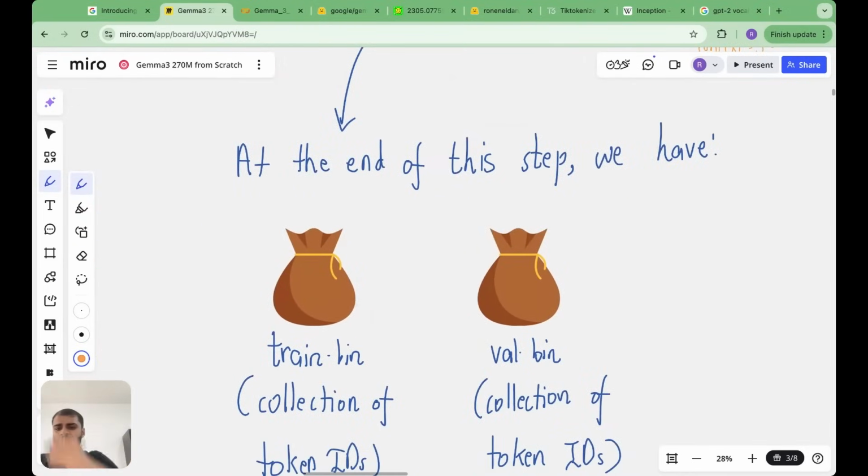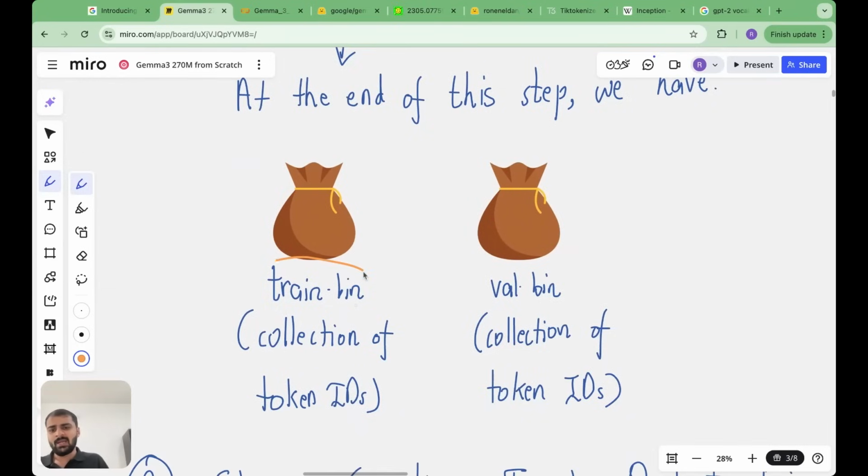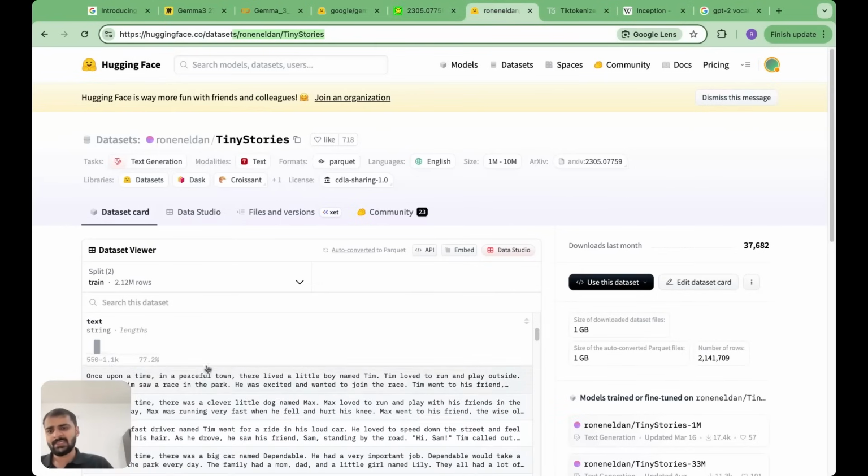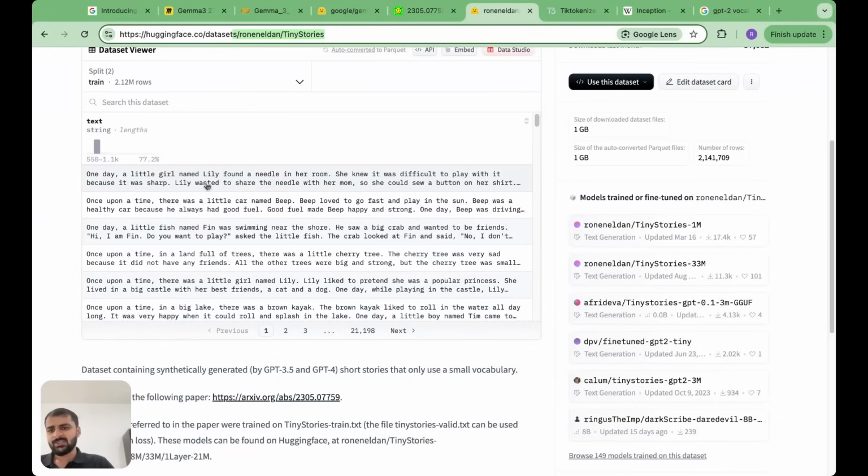One bag has a collection of token IDs, train.bin, and another bag has a collection of token IDs in validation.bin. So it's all the token IDs dumped together. We got this data set, we got each story, we converted it into token IDs, and we dumped all the token IDs together in the train.bin file and in the validation.bin file, both on the disk.